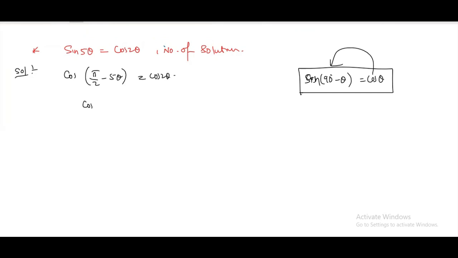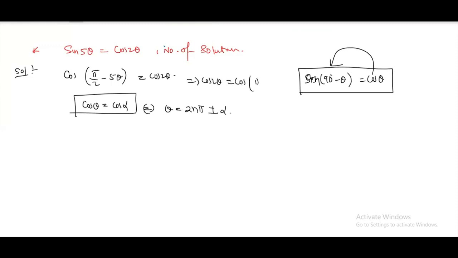So we know that cos theta is equal to cos alpha. From here we will get theta is equal to 2n pi plus or minus alpha. Whichever way we write, we will get the same thing.